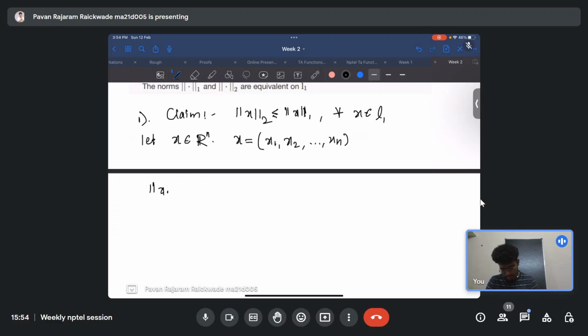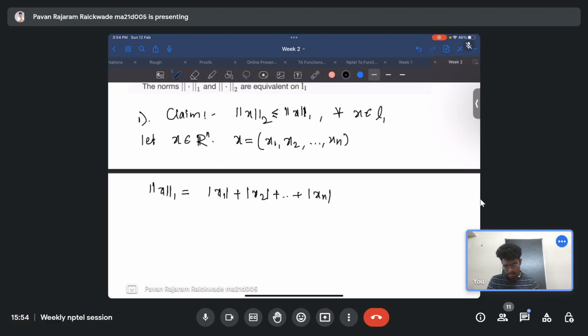So what will be the one norm? It will be the summation of mod xi, right? Modulus of x1 plus modulus of x2 plus modulus of xn.